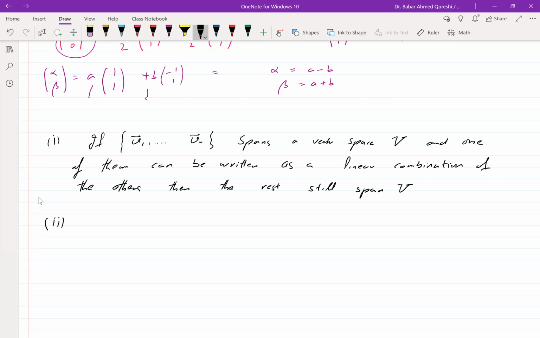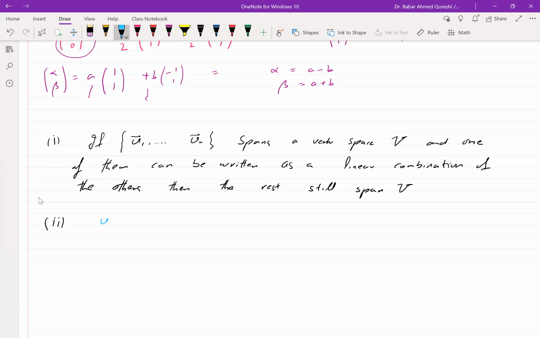And how do you know that one of them can be written in terms of the others? Well, because we observed that it's not something special about one of them. It's usually about their interdependence.